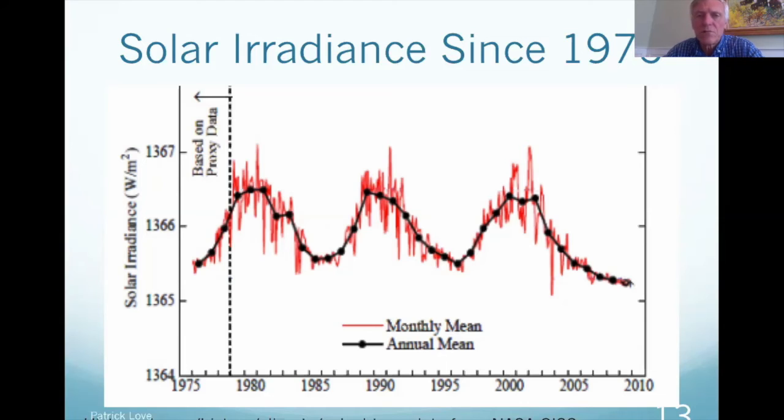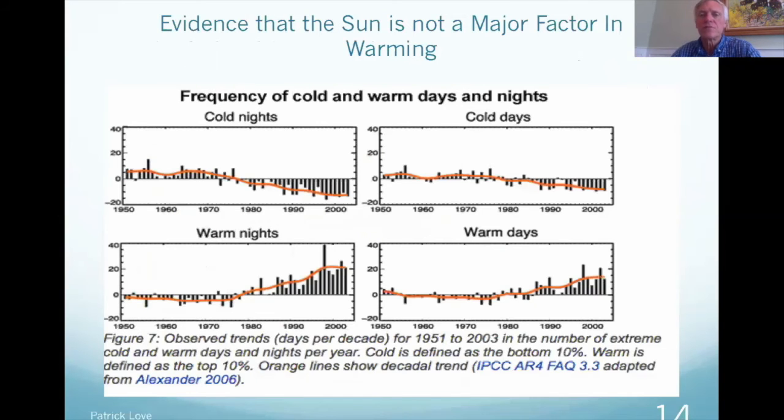Now, we also have some other information that suggests that, even though we've made the measurement, which is much more convincing, originally when people started looking at the sun as a possible cause of the warming that we're seeing, what was noticed was that there are more warm nights.